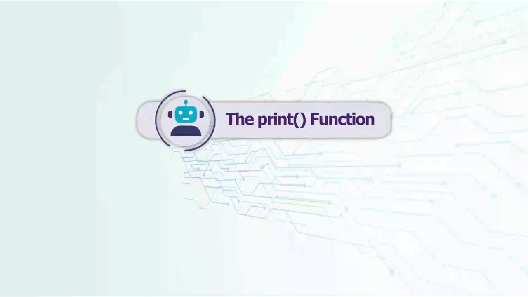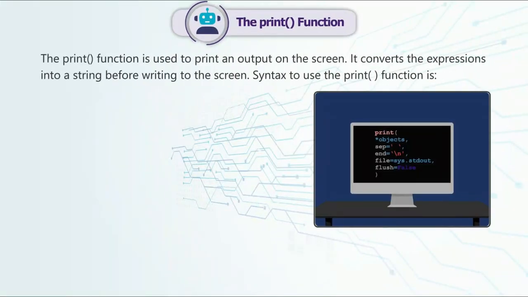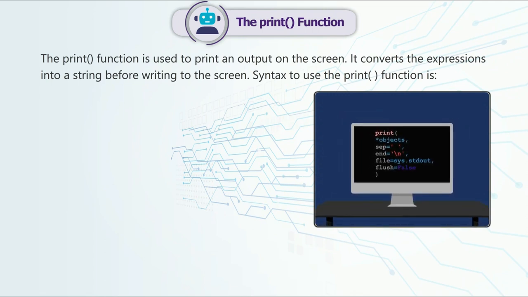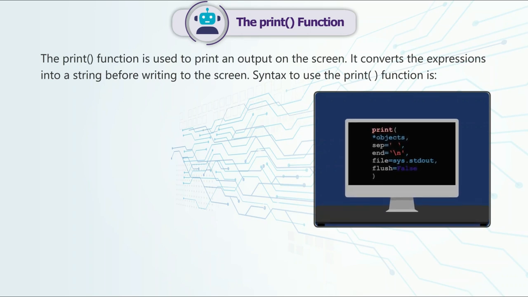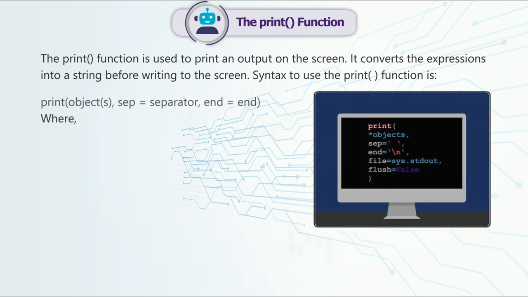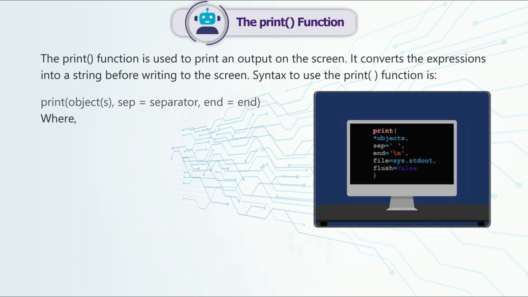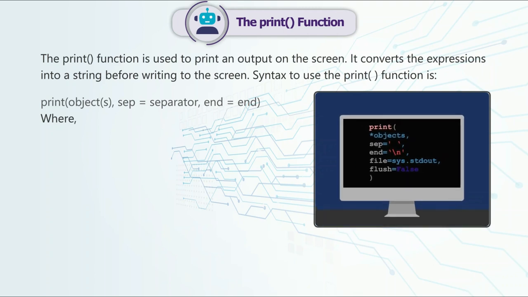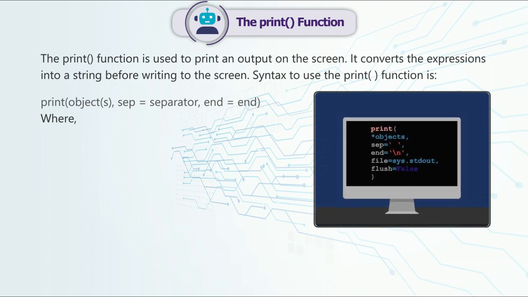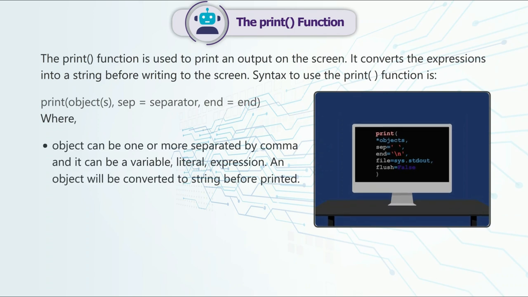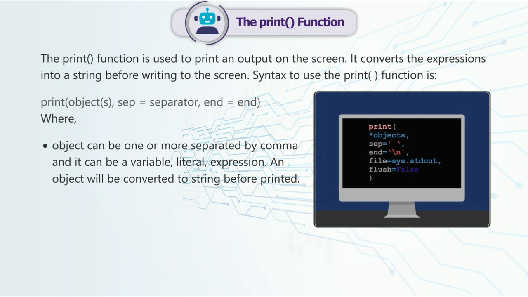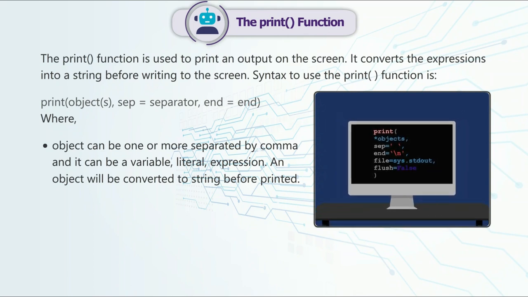The print function. The print function is used to print an output on the screen. It converts the expressions into a string before writing to the screen. The syntax to use the print function is print(objects, sep=separator, end=end), where objects can be one or more separated by commas, and can be a variable, literal, or expression.